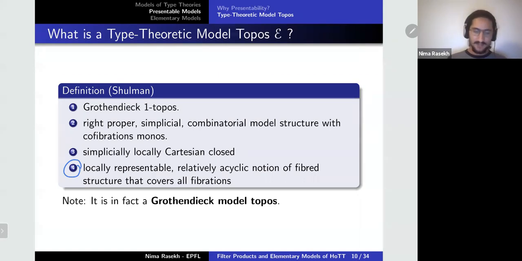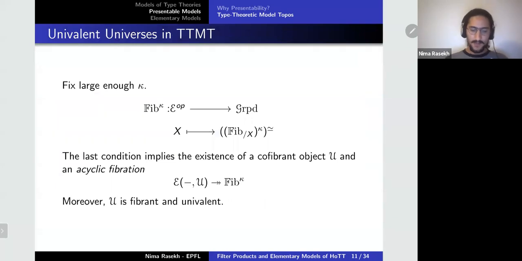What is this last condition? If you're not familiar with the paper, it makes no sense. But it's really just saying this: I take Fib to be the functor that takes a point x to some sort of small fibrations over x.